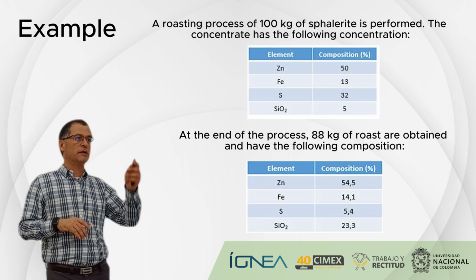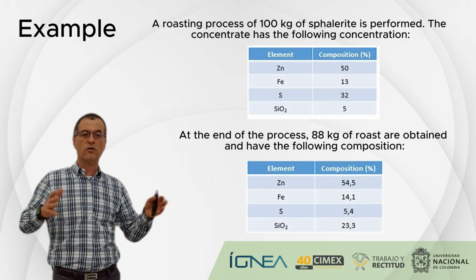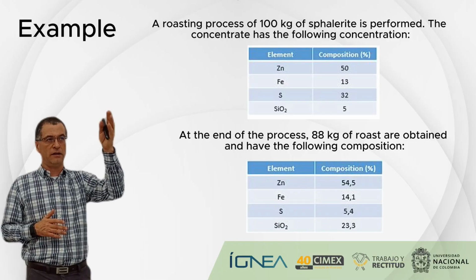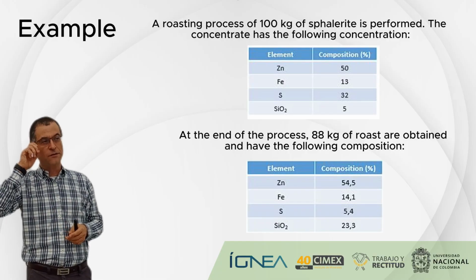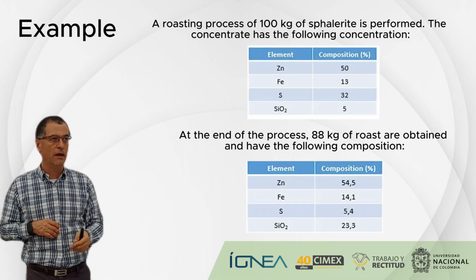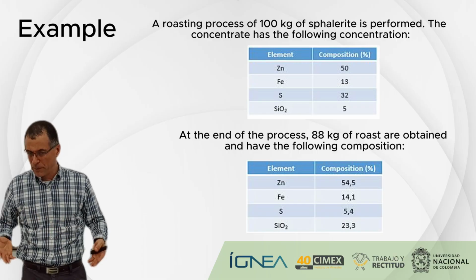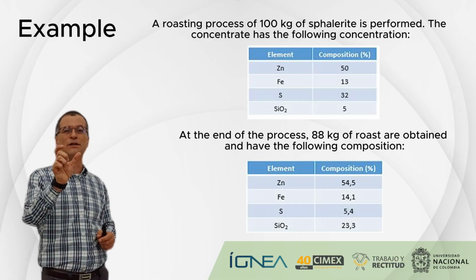But here in this example, the idea is to transform sphalerite, a concentrate of sphalerite, and in this process, the idea is to transform 100 kilograms of sphalerite. In terms of a real process, it is not exactly sphalerite.